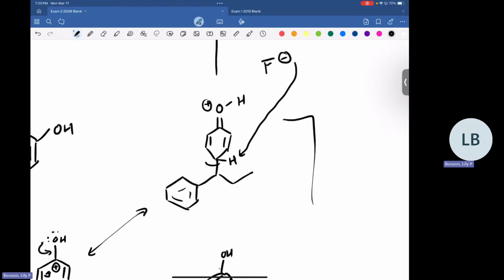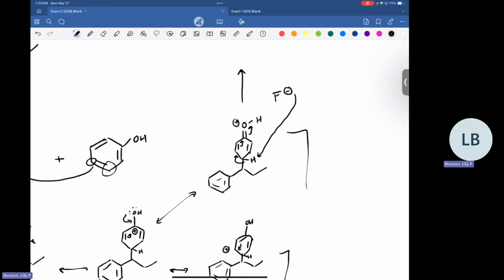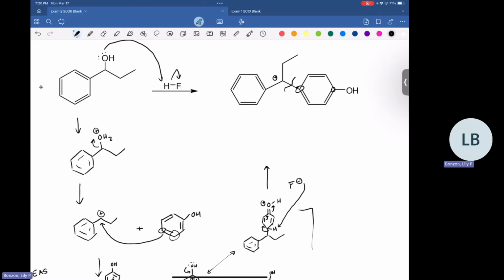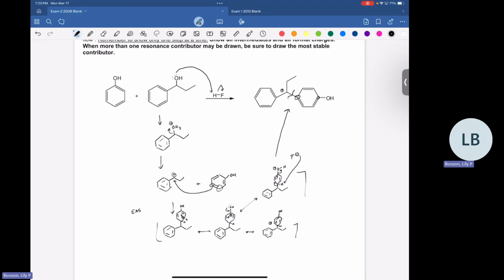That hydrogen can donate to the benzene, but then we'll have to push that double bond, and then push that double bond back to reform just our regular alcohol. So that will give us our final product. Any questions on this?